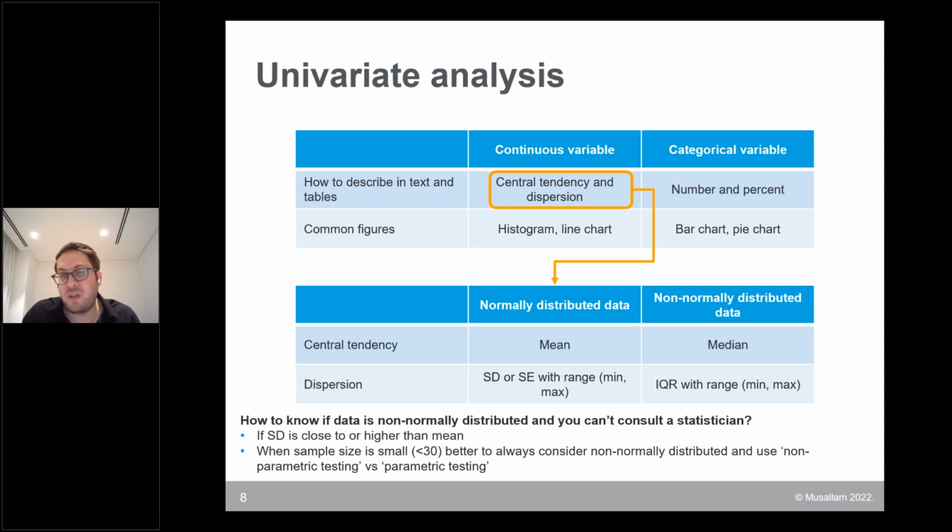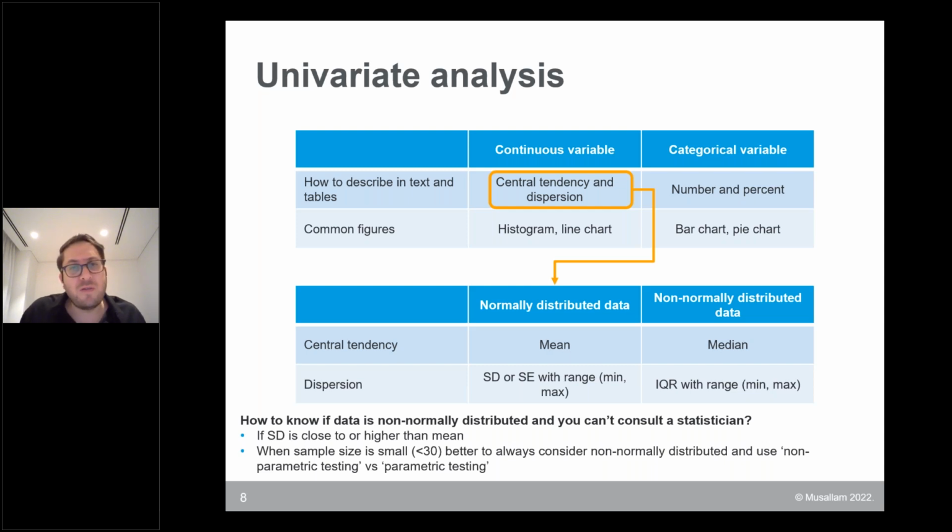So if I have a study made of 100 patients and I have 40 males, that gives me a percentage of 40%. So it's number and percent. And usually when we want to represent those in figures, that's done by a bar chart or a pie chart, which I'm sure you're all familiar with.